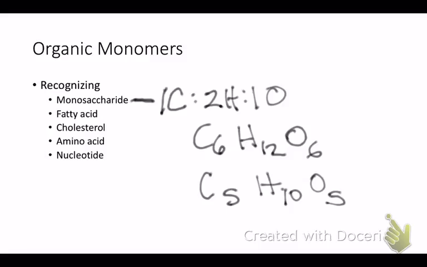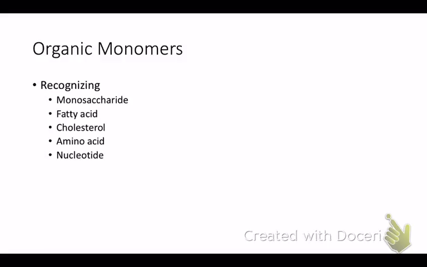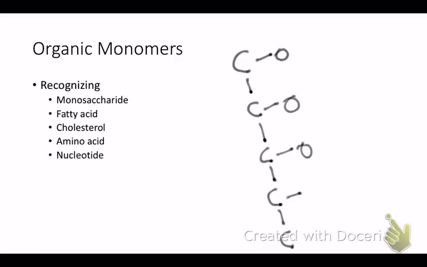But then the next thing to be able to recognize for your monosaccharides is that all of those carbons are connected to each other in a line, although they can form a ring, and that each of those carbons has its own oxygen attached.